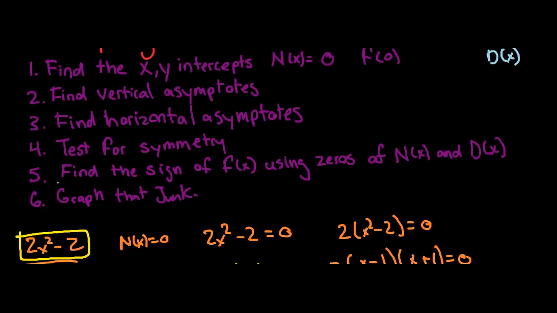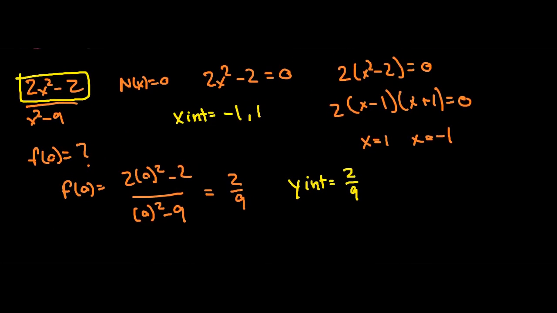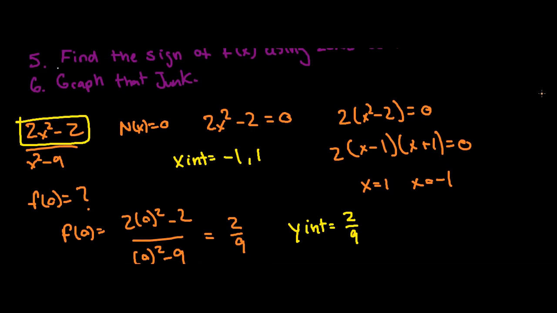Find vertical asymptotes. So one thing I'm going to do is I factored this out for finding when n of x is equal to 0. I'm going to write the top part factored out because we possibly might have a hole. Because when we factor out the denominator to figure out where x is equal to 0 for the denominator, if two of them divide out, it's not an asymptote and it's a hole.